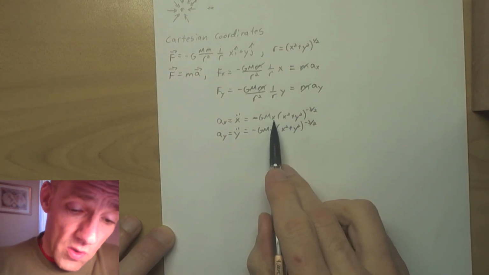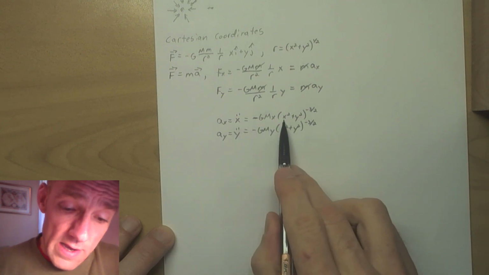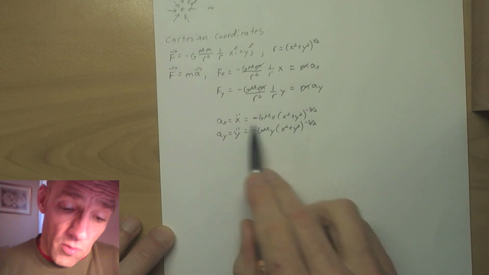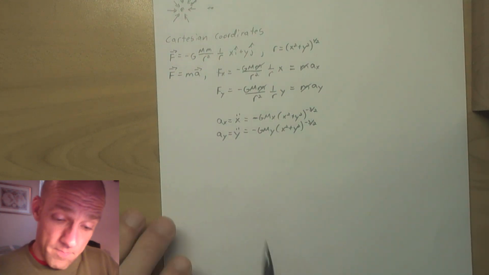The issue is that we have a set of two coupled equations where both the x and y coordinates are present in both the x and y equations.